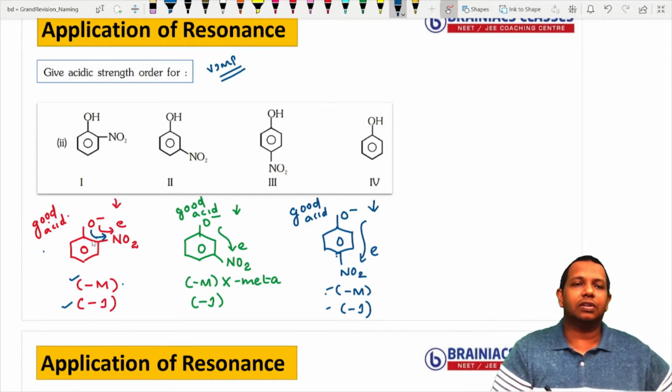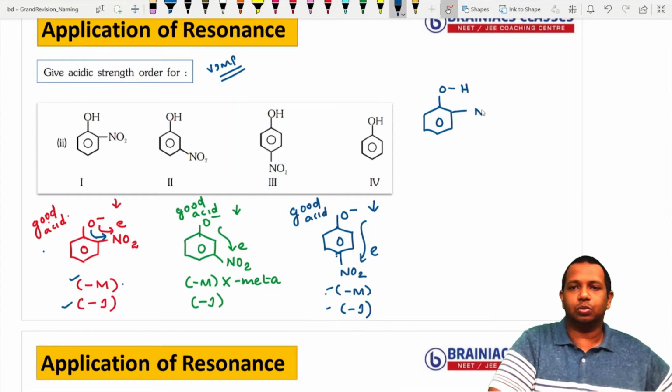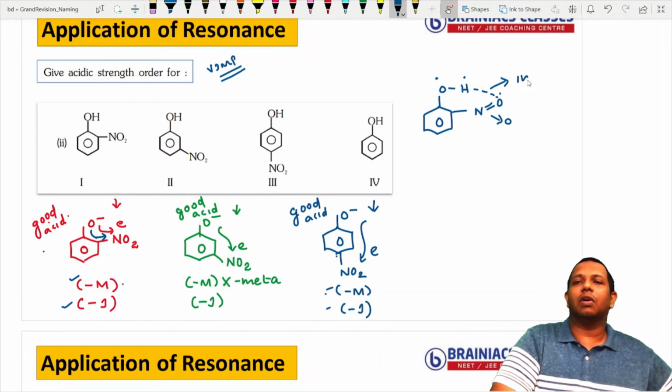But in this question, there is a special scenario. If you look at the first compound, we have OH and you have NO2. Here there is another effect: hydrogen and an electronegative element. So there will be hydrogen bonding. This bonding is called intramolecular hydrogen bonding.